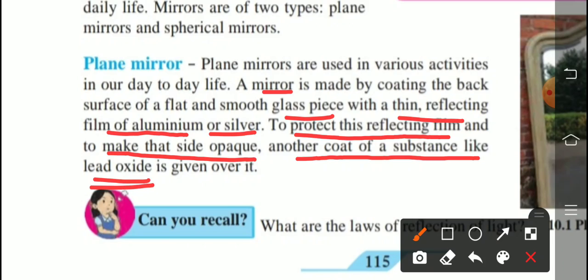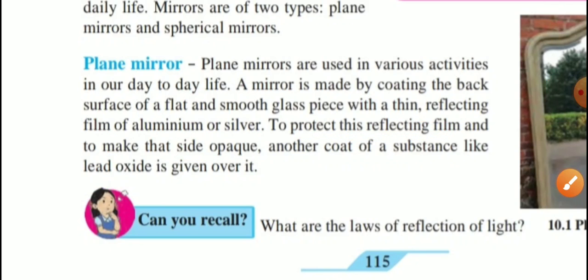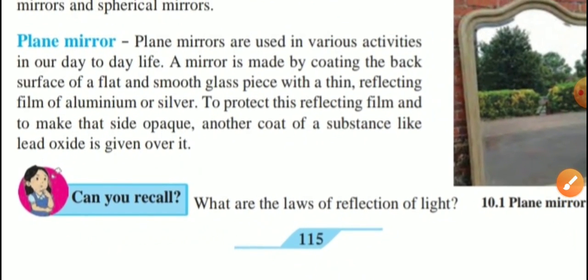This lead oxide coat is a protecting coat on that silver or aluminium film. So that surface is an opaque one and another side acts as a reflecting surface and forms a plane mirror.